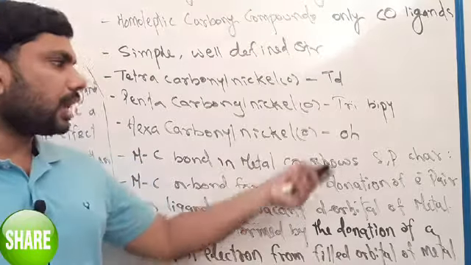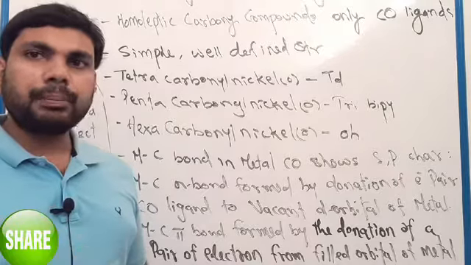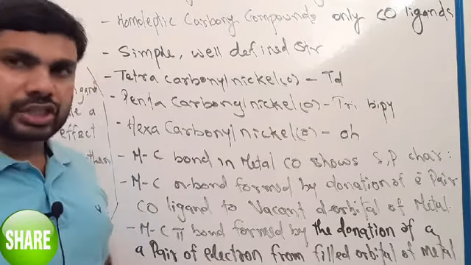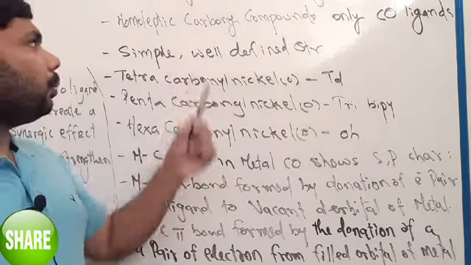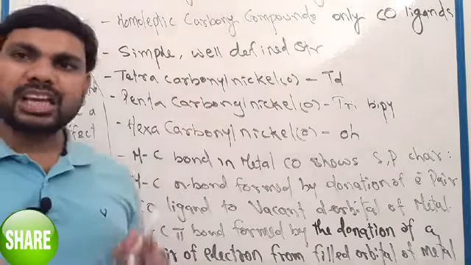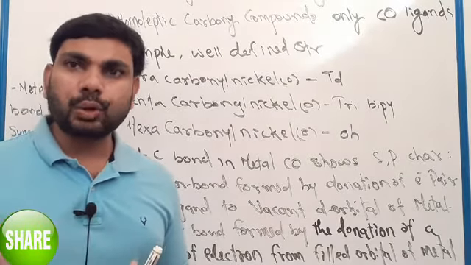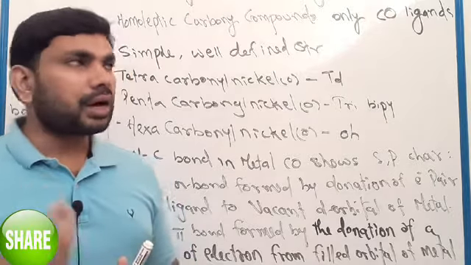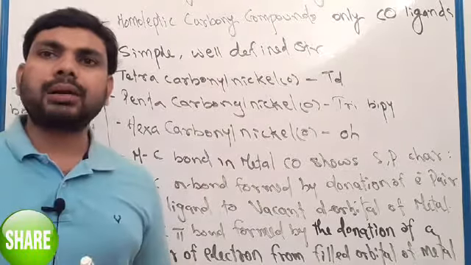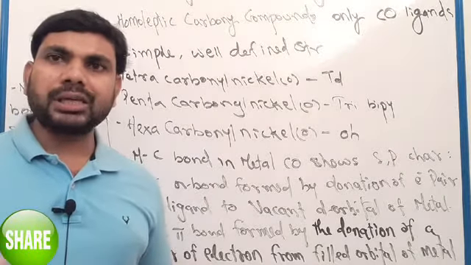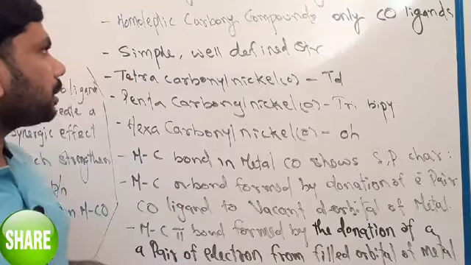So 6 ligands octahedral, 5 ligands trigonal bipyramidal, 4 ligands tetrahedral structure. Clear? A homoleptic carbonyl compound means a central metal atom and only carbonyl CO ligands. Such carbonyl compounds are called homoleptic carbonyl compounds.